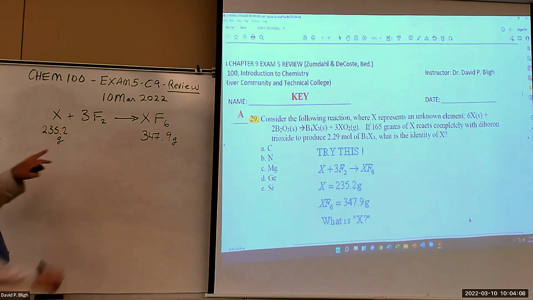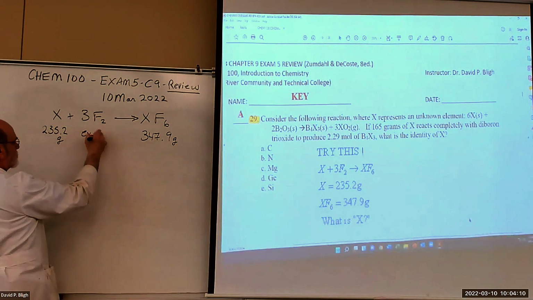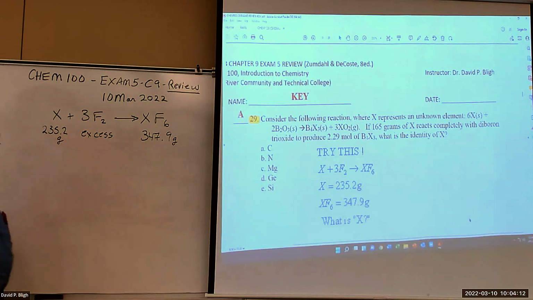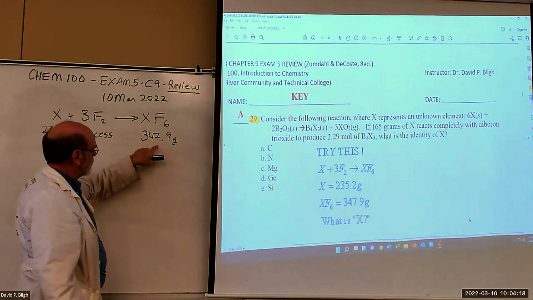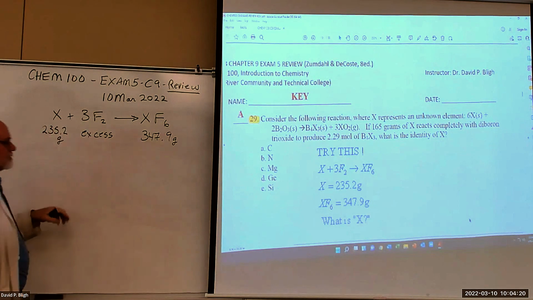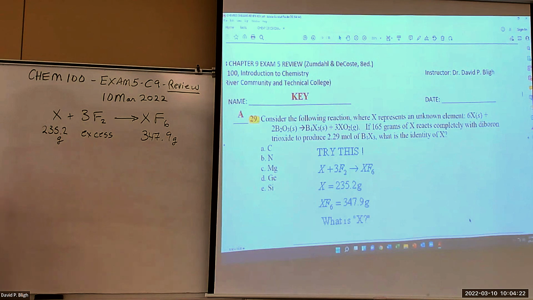Okay. What I should say is this is excess. You have to assume that. Right? This is not limiting. So from this number of grams, we get that number of grams of product. Okay, let's see. We got the mass. We need the moles.